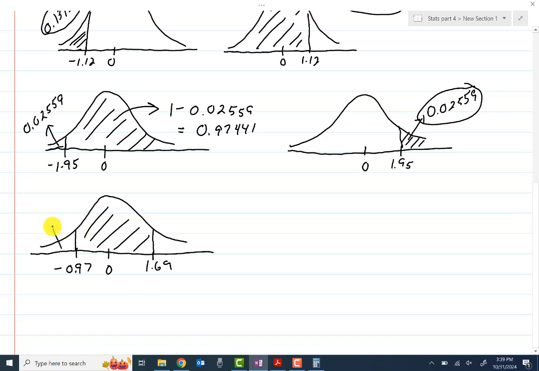Now for these, I typically will look up that in the table directly, negative 0.97. For this other one, you could look up negative 1.69 if you want to get it directly.